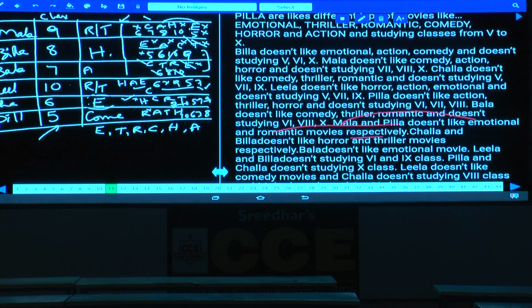Now let us check out the question numbers here. Mala likes which type of movies? Either R or T. No information about these two. In the options there is no R, but it should say 'among'.